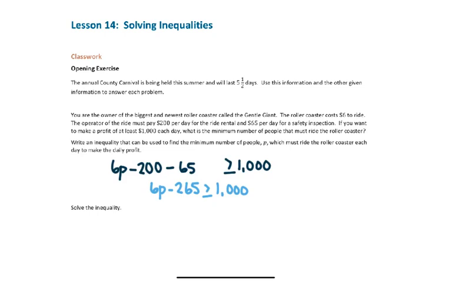Now I am going to try to get P by itself. In order to do that, I'm going to get rid of this negative 265 from the left side, so I'm going to add 265 to both sides, because whatever I do to one side, I have to do to the other.